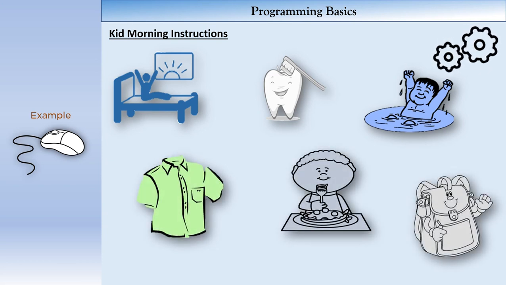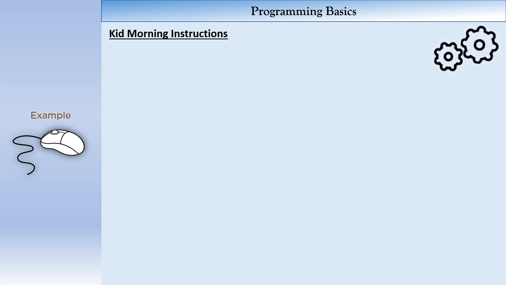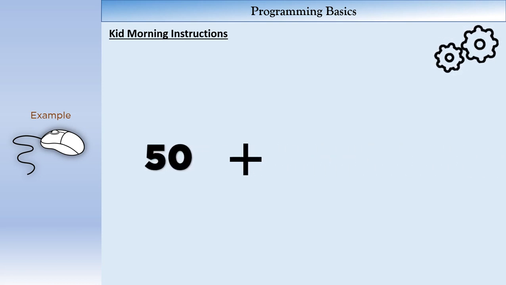Now, this is a conditional instruction which says if summer, bath with cold water, and if winter, bath with hot water. Then wear a school dress, have breakfast, and go to school. In the above example, these are the instructions to perform a task.